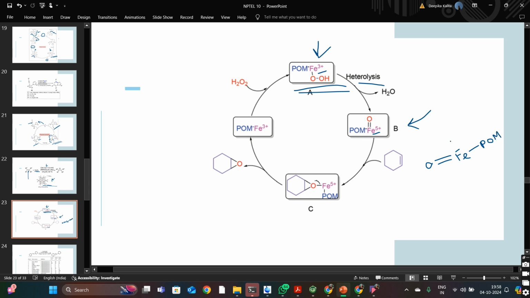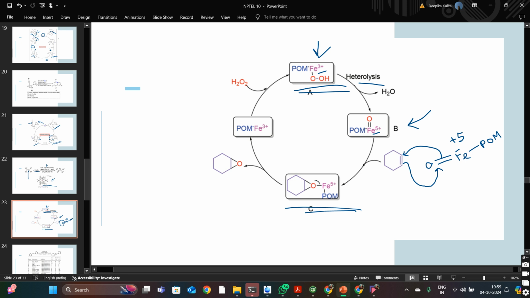Okay, so here the iron is in +5 oxidation state, and you can imagine that the oxygen is attacking the alkene, and you can get the intermediate C in the reaction.